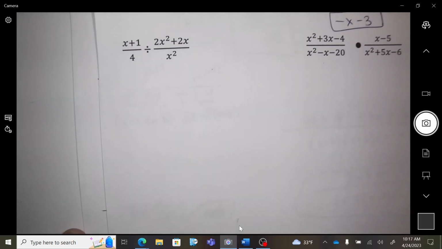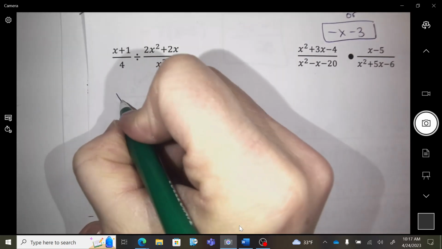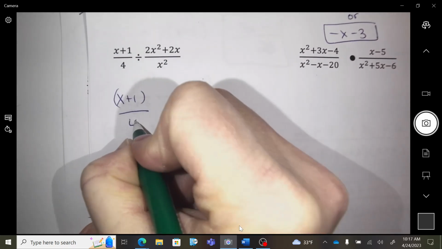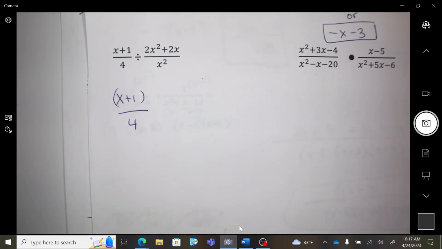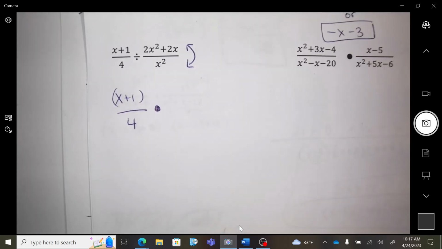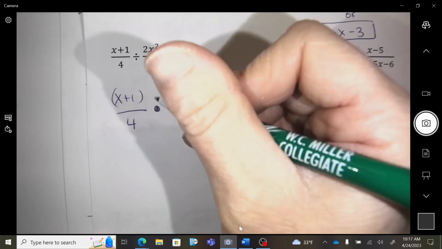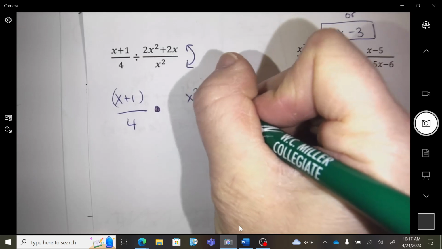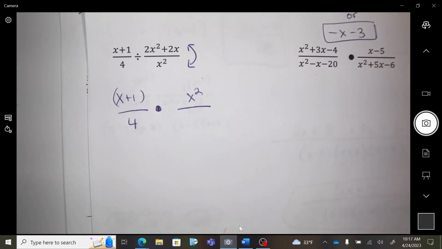Okay, next one. x plus 1, nothing. 4, nothing. Okay, I'm going to times, and I'm going to flip, because it's a divide. So times and flip is what I do with that. x squared is going to go onto the top.